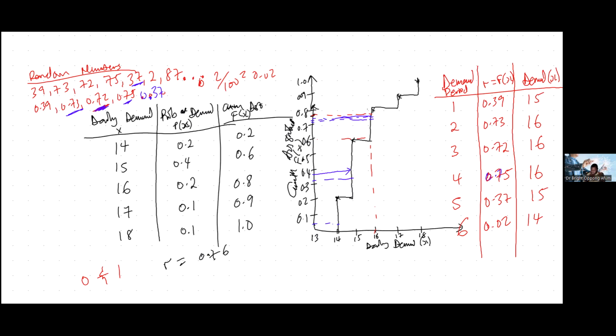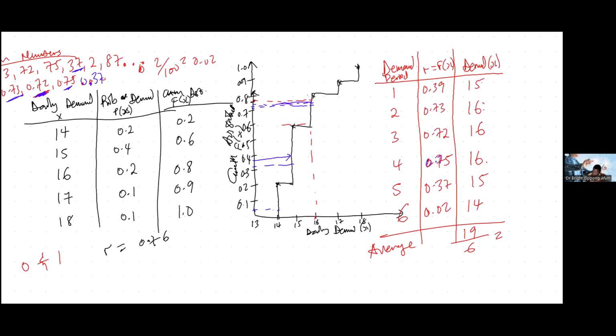So if you want to find, let's say, the average demand here, then that will be 15, 16, 16, 16, 15, 14. Let me go this way. The sum is 92, divided by 6, and that will be 15.3.